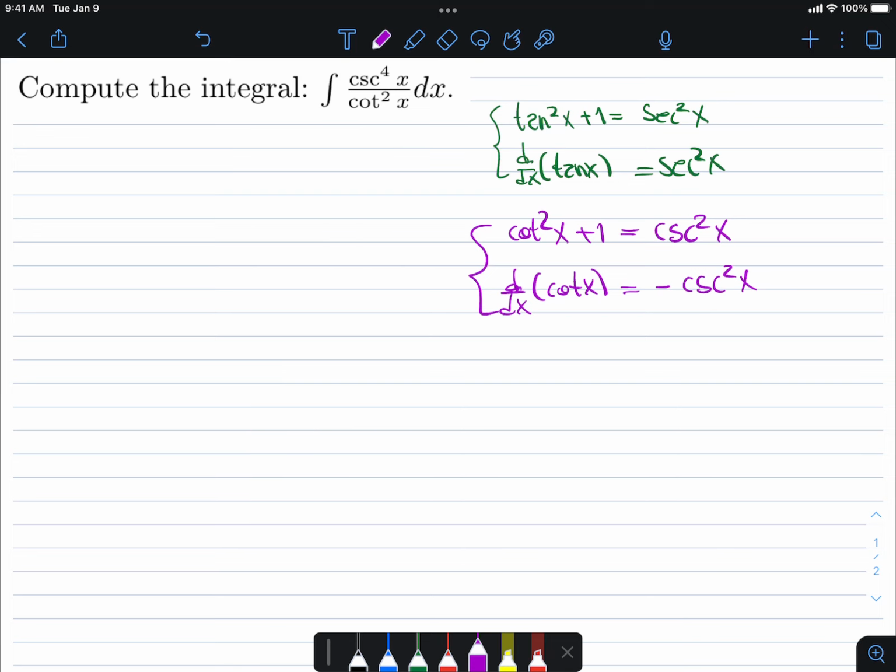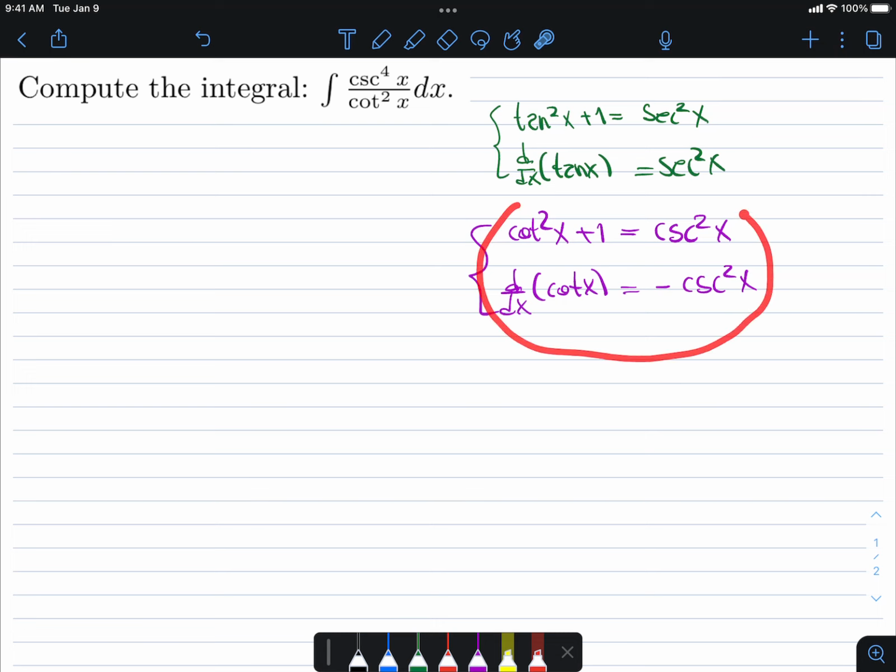All the rest is the same. I trust that you have this one down, that you remember this, and I also think you should remember that one. Once you have this green one down, it's very easy to also remember that, because then you know that the co-functions behave the same way as the original ones, as tangent and secant.